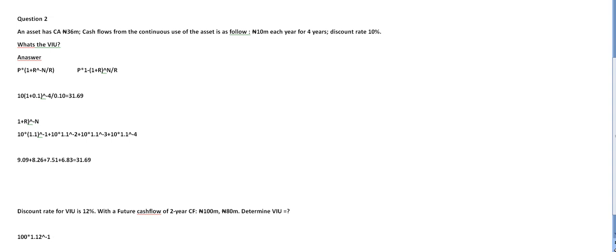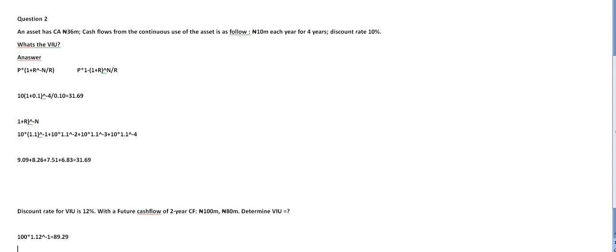So 1.12 raised to power minus 1 is what? 0.89. So 0.89 multiplied by 100 will give us 89.29. Whether you write 89.28 or 89, you are right.